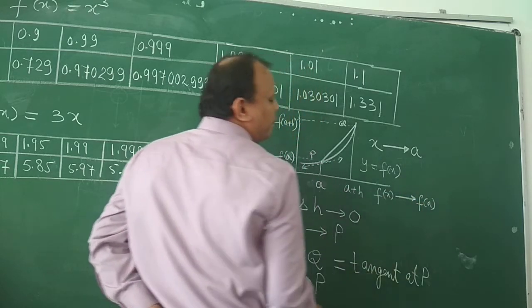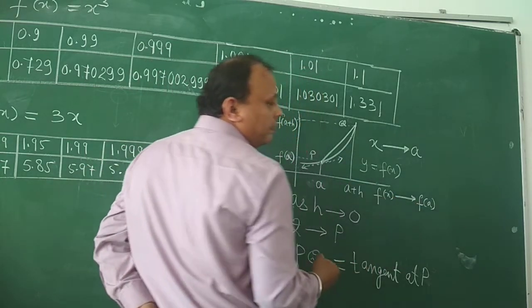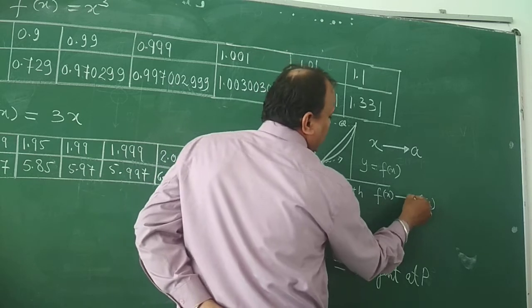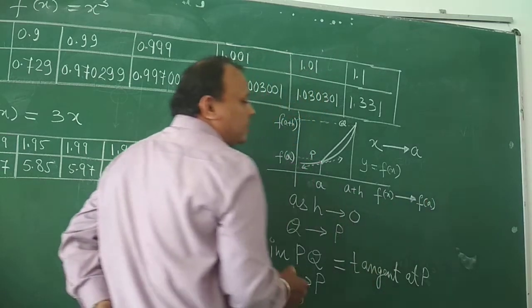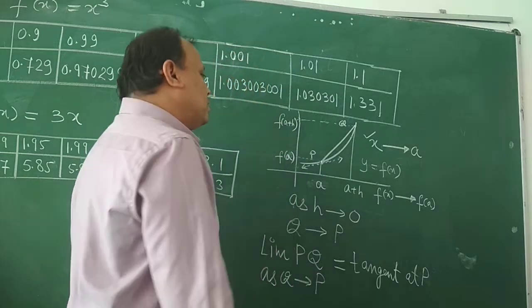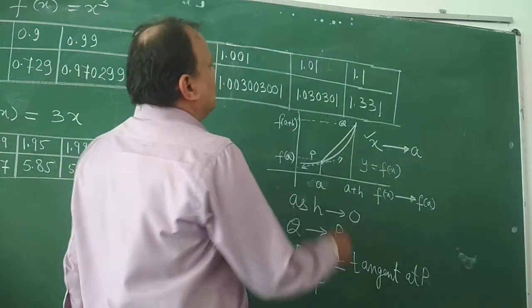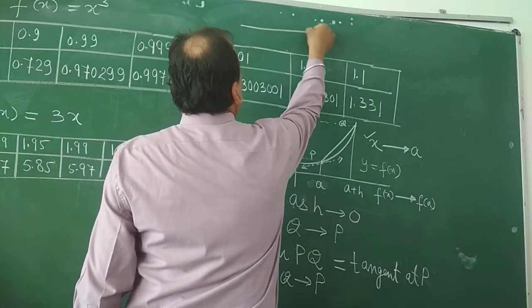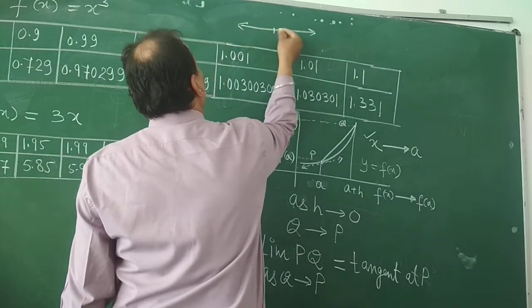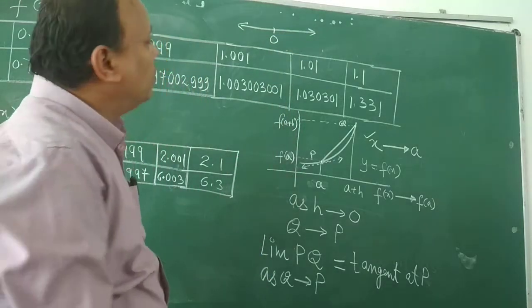Suppose the value of f of a is some b or any other value you can take, and then you can understand how a limit works. This is a technical definition, but if you want to understand the concept of limit, you must understand the concept of neighborhood. For example, let us consider x equal to 0.